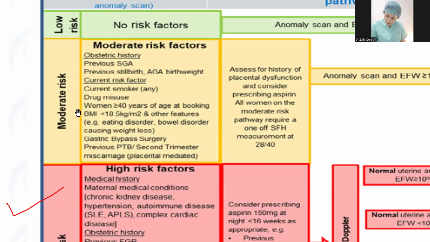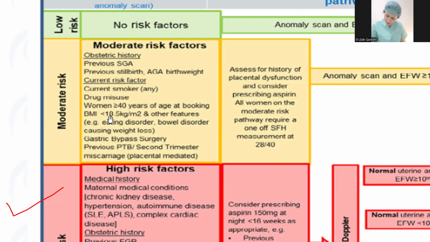Then drug misuse, women of more than or equal to 40 years of age at the time of booking, or if the BMI was at extremes, BMI less than 18.5. This is also a change. In the old guideline, BMI extremes were in the moderate risk factor.